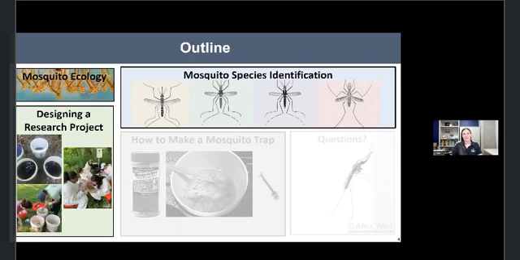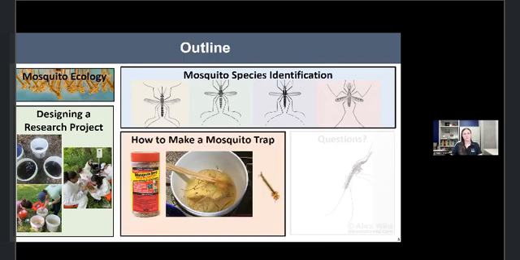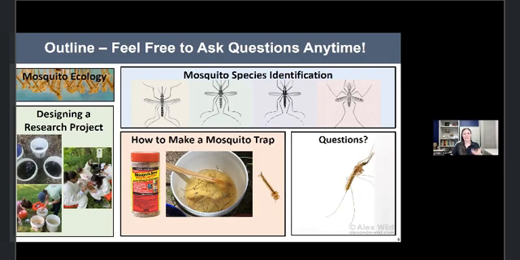Then we will talk about designing a research project, and then go over two examples of research projects that we do in my lab. And then we'll finish up with how to protect yourself from mosquitoes and how to make a mosquito trap. And then we will end with questions. But if at any point you have questions, feel free to put it in the chat, and I will be looking at the chat as I go through, and I will stop and answer any questions you have.